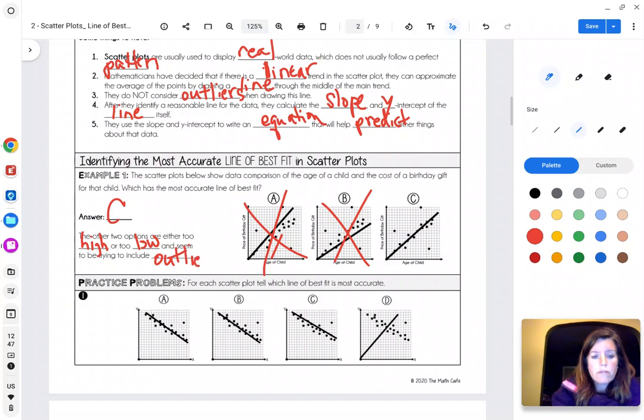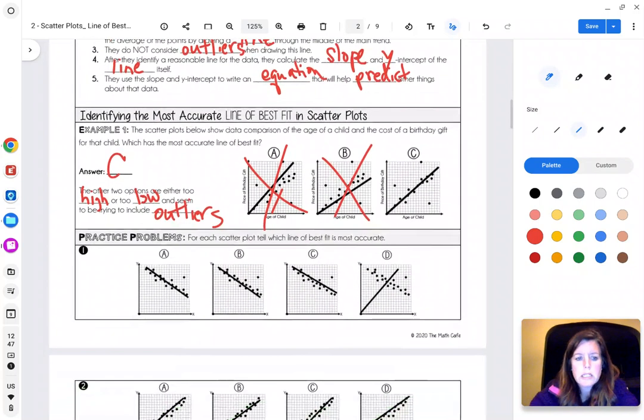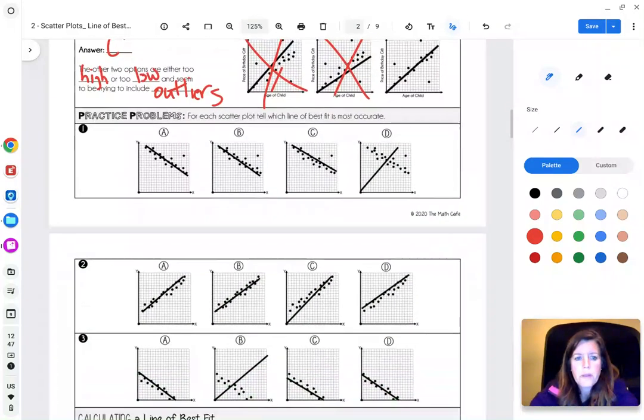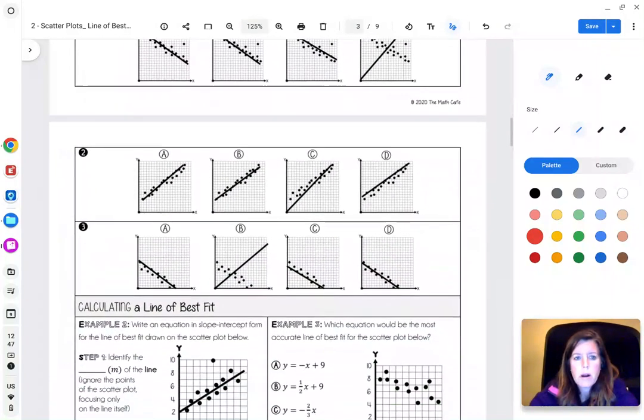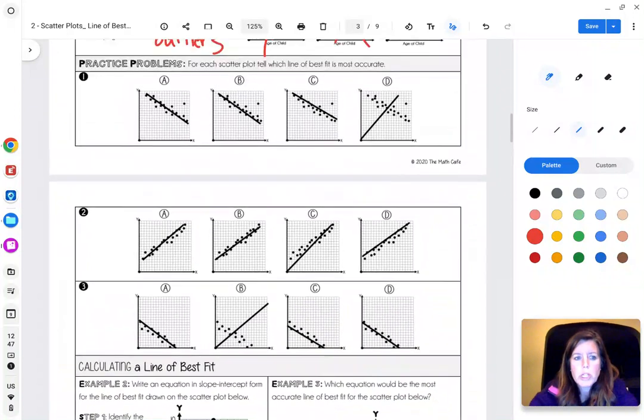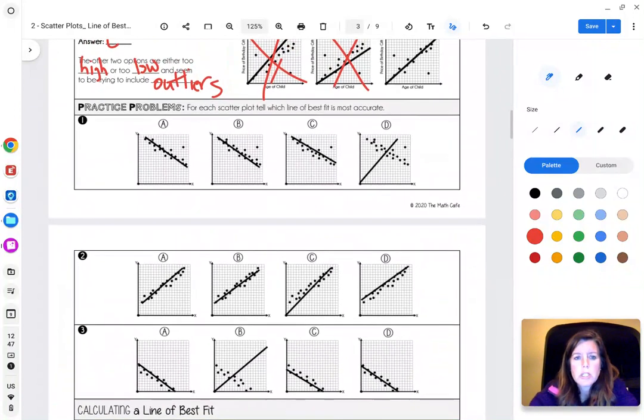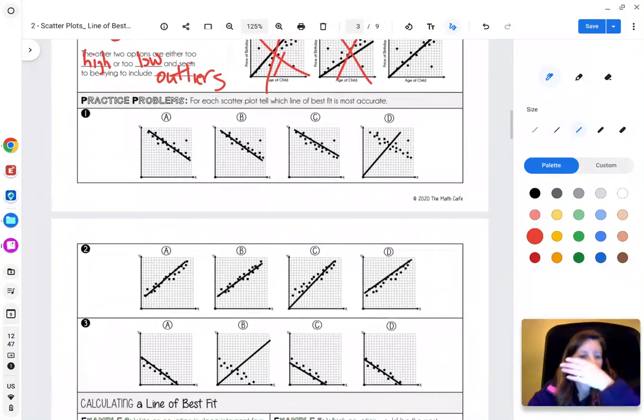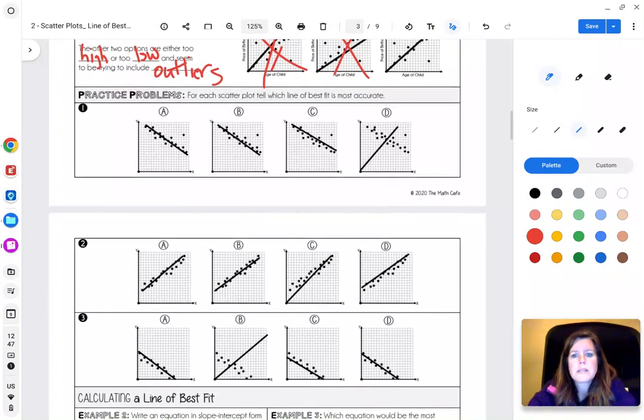It just doesn't fit with that data. All right. I want you all now to work on the practice problems. So 1, 2, and 3, for each scatter plot, see which one is the most accurate.